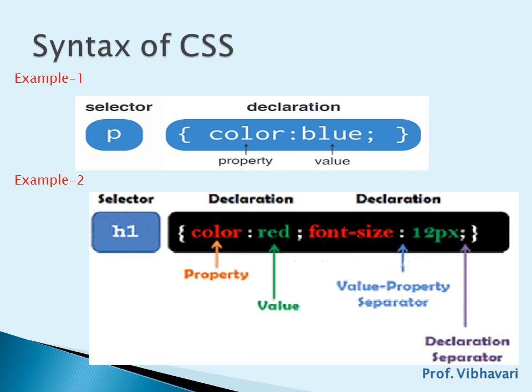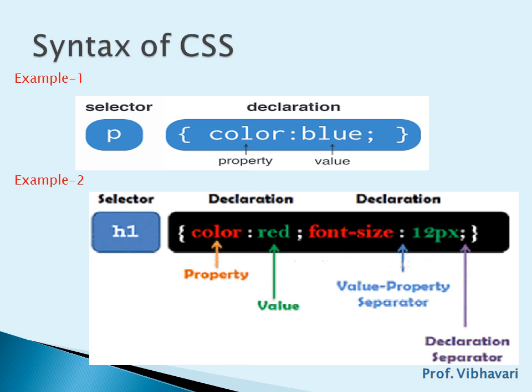Now my selector is the h1 tag, so there is some text or a certain sentence inside the h1 tag open and h1 tag close, and I applied two features over the content inside the h1 tag: the color and the font size of the text or sentence inside the h1 tag.